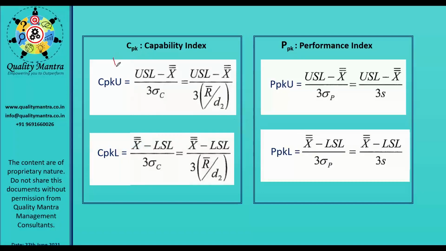Just look at this one, CPK. Again here the standard deviation will be R bar by D2 or S bar by C4, and here it is the estimated standard deviation. What else are you seeing as the difference? Can you find the difference between the formula of CP, PP and the formula of CPK and PPK? Start with the difference between the CP formula and the CPK formula. Please tell me what difference you are observing.